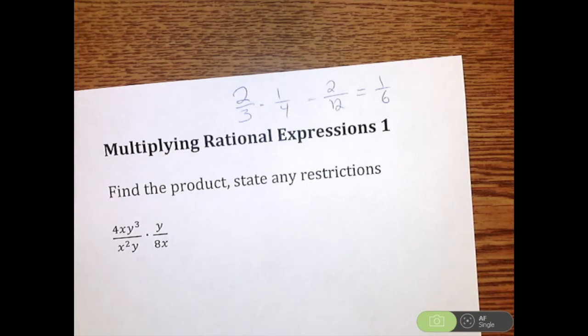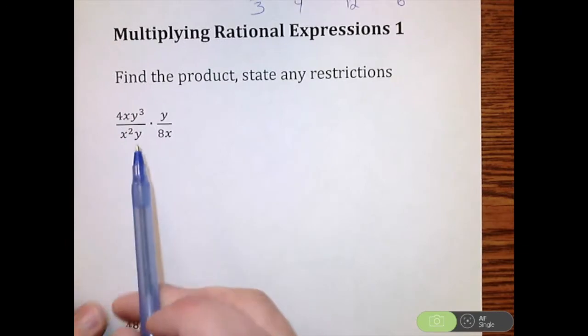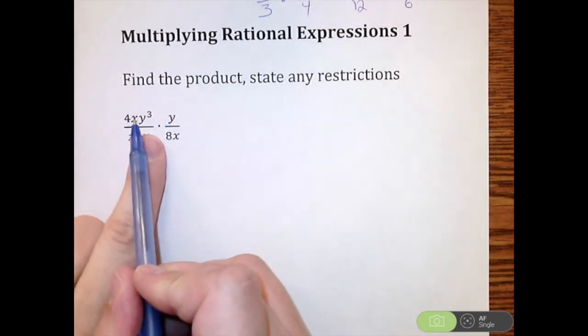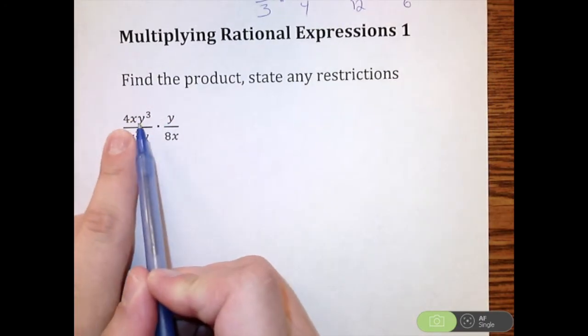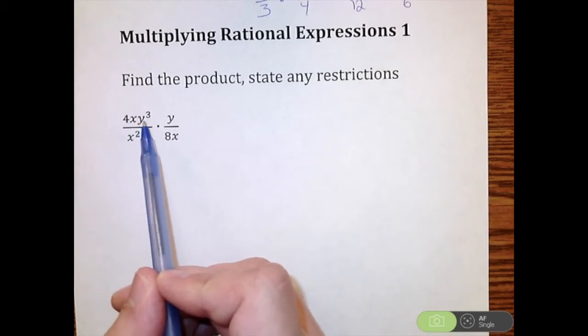So we're going to do one step, and then all of a sudden we're back to types of problems we've done before. So I have this set up here for my rational expressions that we're multiplying. First thing I'm going to do is multiply the top. I'm going to go through my integers, that's my numbers, then go through each variable.